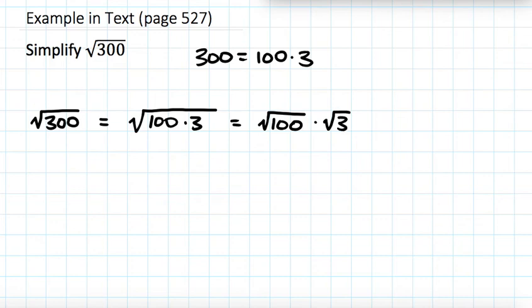And then simplify the one that's a perfect square, which I usually am going to try to write first. So square root of 100 is 10. So this is going to be 10 times the square root of 3. And I don't need to write the multiplication symbol in there. I can just write the number 10 in front of the square root of 3 and the multiplication is implied.